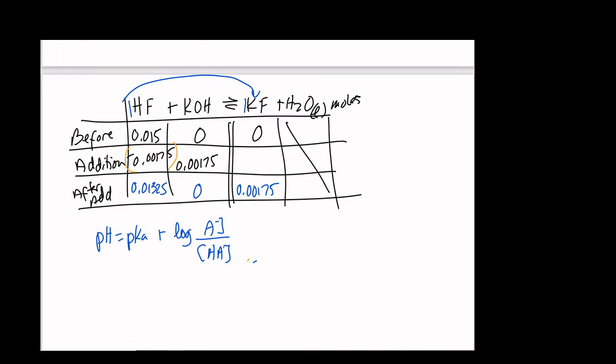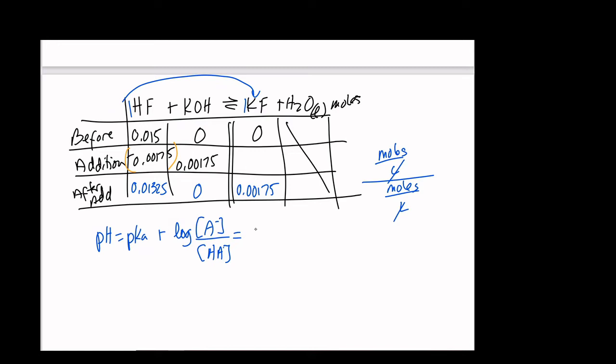If I put moles per liter divided by moles per liter, then liter is going to cancel. The moles are different, but the volumes are the same. So the only thing that's going into this equation is the ratio of moles. So we can just put the moles directly in here. We don't actually have to calculate the molarity, even though technically that's what this equation is asking for.